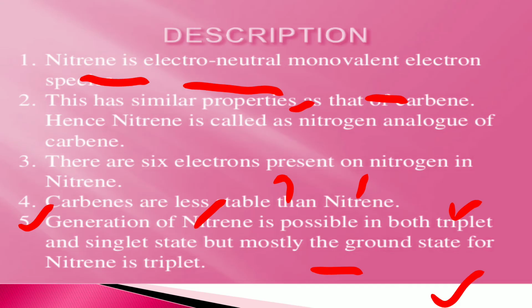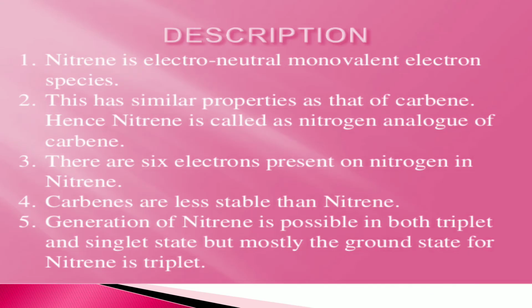Next is some description about the nitrene. Nitrene is an electroneutral monovalent electron species. It has similar properties to those of the carbene. Hence, nitrenes are also analogous to the carbene.